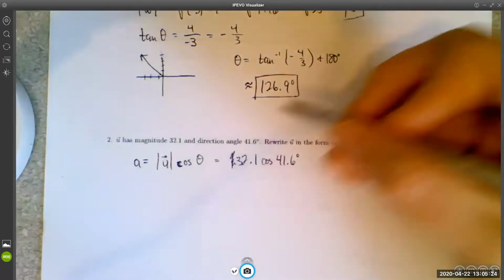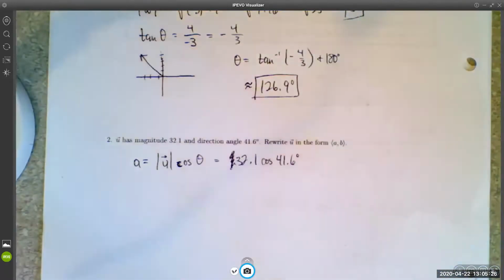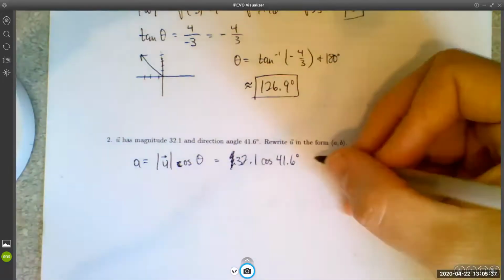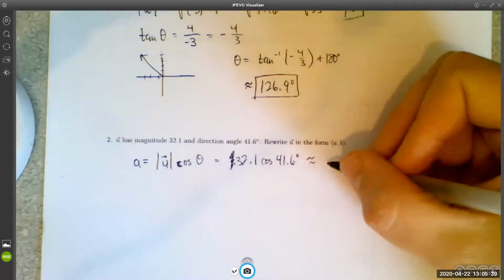So it's 32.1 cosine 41.6. Okay, so that's about 24.